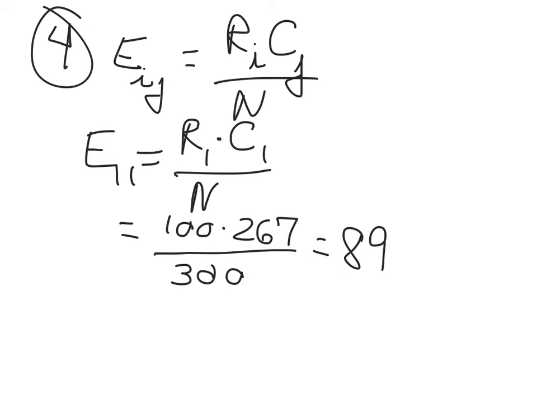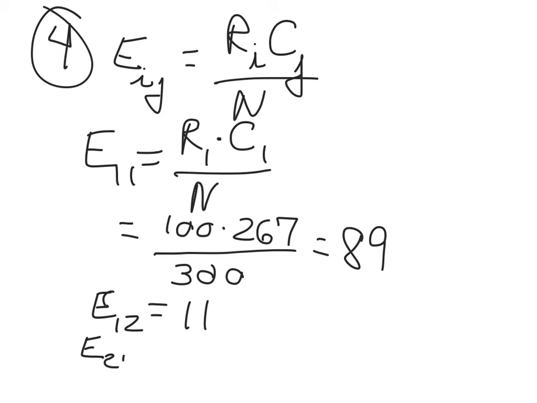Okay, and as I mentioned today in class, we have to maintain row and column integrity. So once you've got that first square, everything else falls out by addition and subtraction. Then I know E12, since the first row has to add up to 100, then E12 must be 11.